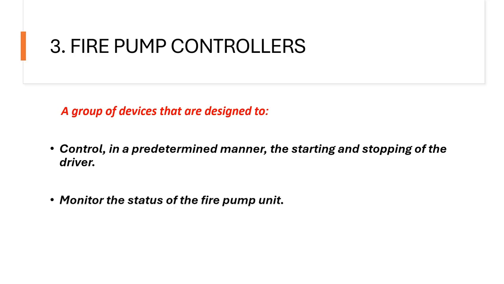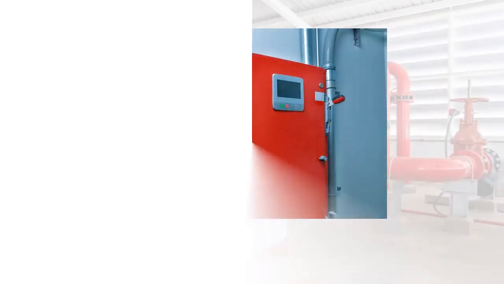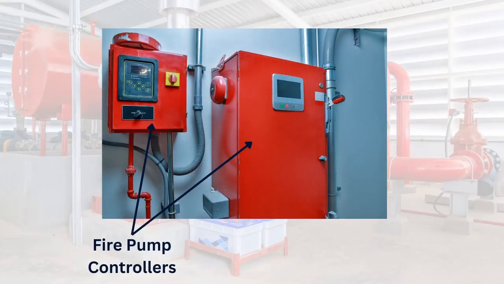Apart from that, these controllers monitor the status of the fire pump unit, and they also give a signal about the condition of the fire pump unit. You can see a picture of fire pump controllers on your screen. The small one is for the jockey pump and this big one is for the electric pump. Basically, for diesel you will also have a similar kind of controller.